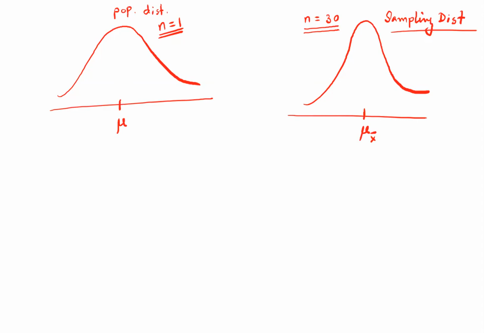Now, our Central Limit Theorem tells you, so this is the most important thing, that between these two distributions, there is some relationship, which is mu is the same as mu sub x bar. This mean is the same as this mean. It doesn't matter which distribution you are in, the sampling distribution or the population distribution. It really does not matter. Mu is the same as mu sub x bar.